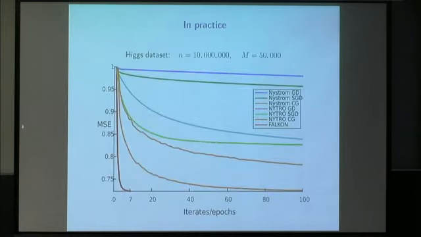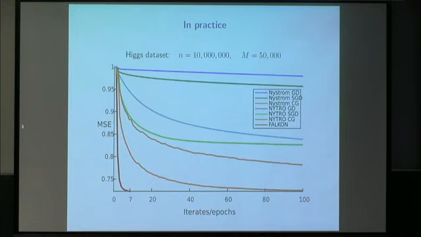Okay, so now some experiments. Since we claim that it is so good for large-scale learning problems, let's do it on a large-scale learning problem. It is the Higgs dataset, the one they used to find the Higgs boson at CERN. It has 10 million examples. We choose M, the number of Nystrom points, 50,000, and we run different algorithms on this dataset. Here you can see Falkon.